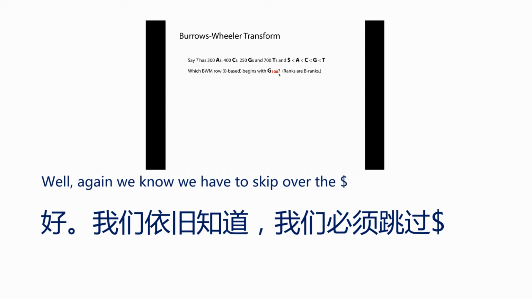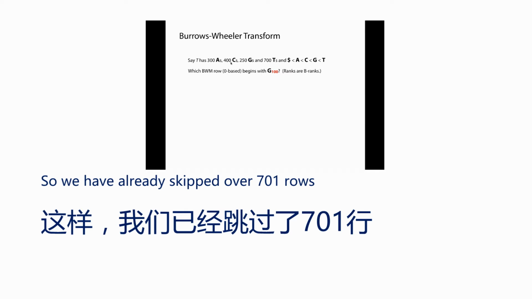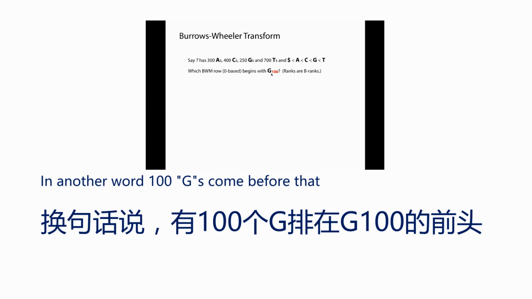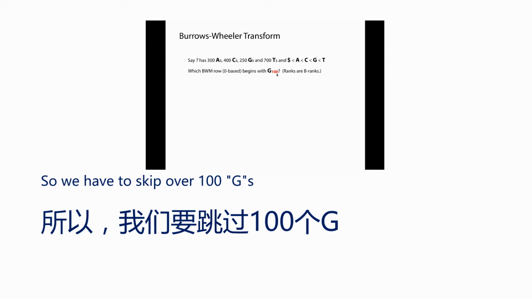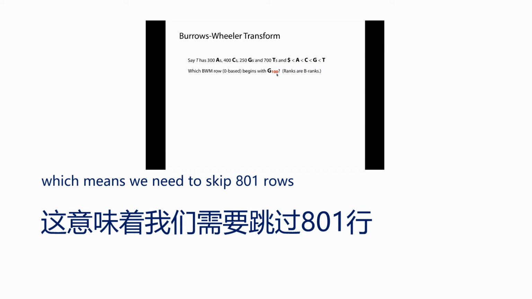Well, again, we know we have to skip over the $, and we know we have to skip over all the A's, and we know we have to skip over all the C's. So we've already skipped over 701 rows. And now we want the G that's of rank 100. In other words, 100 G's came before that. So we have to skip over 100 G's. So we skipped over $, we skipped over 300 A's, 400 C's, and 100 G's, which means we need to skip 801 rows.